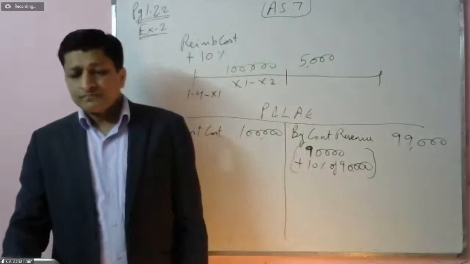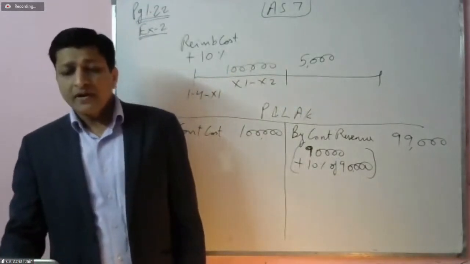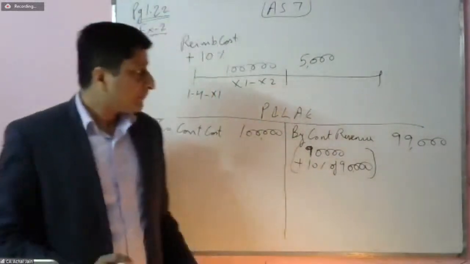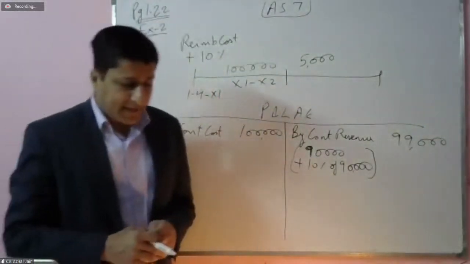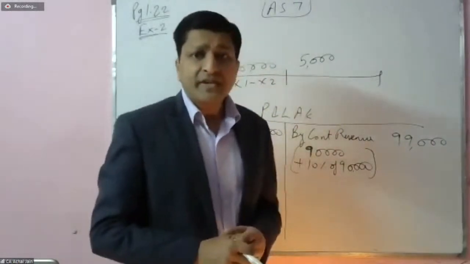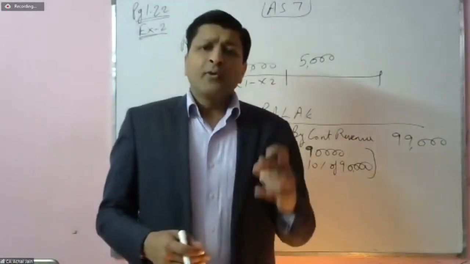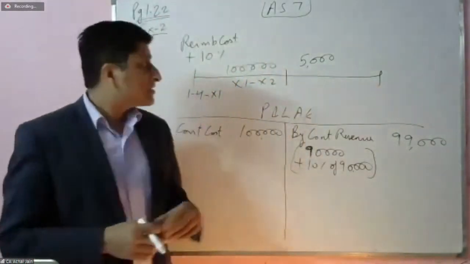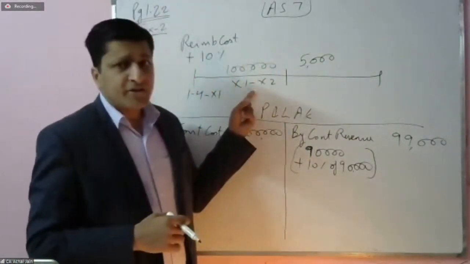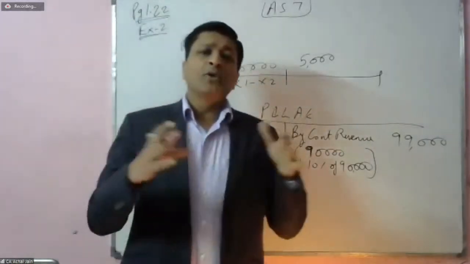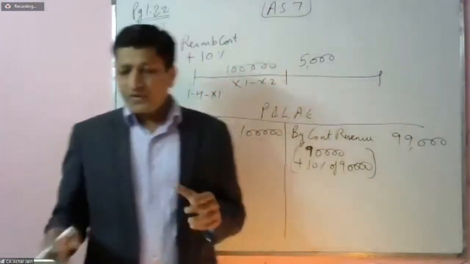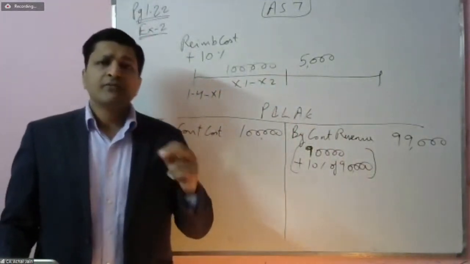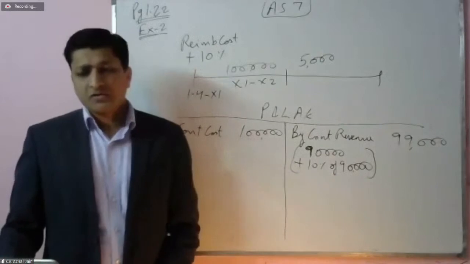Now in this particular year, if we look at the total contract, not only this particular financial year, but this contract on an overall basis, it will eventually result into a loss.